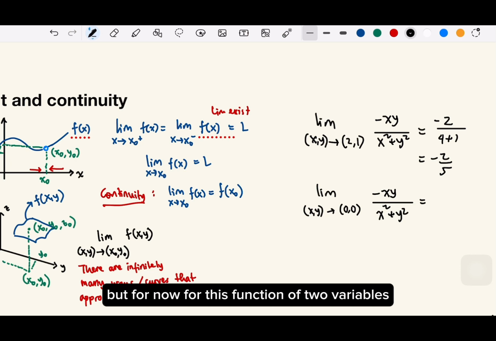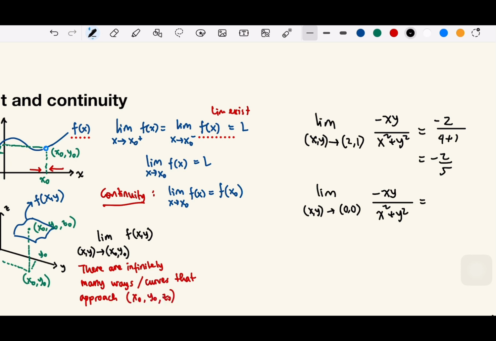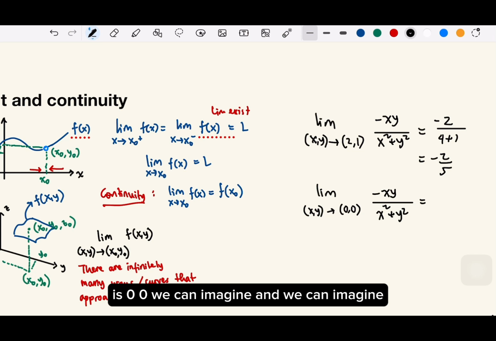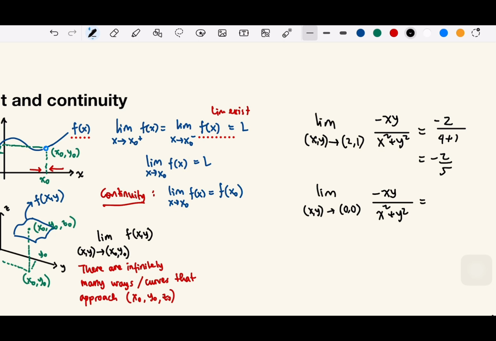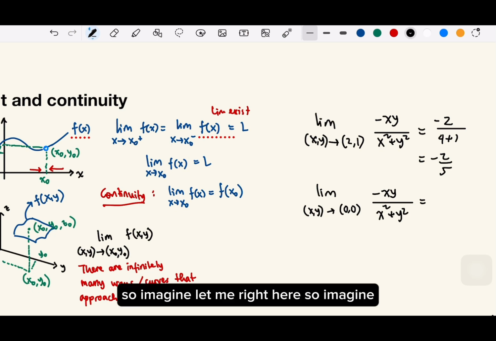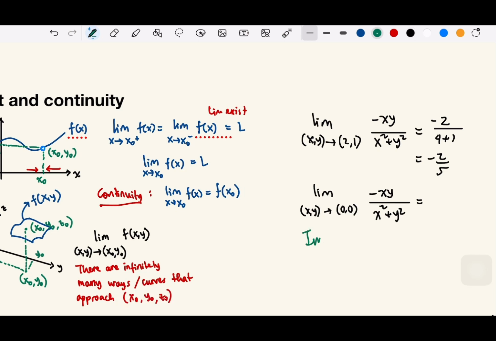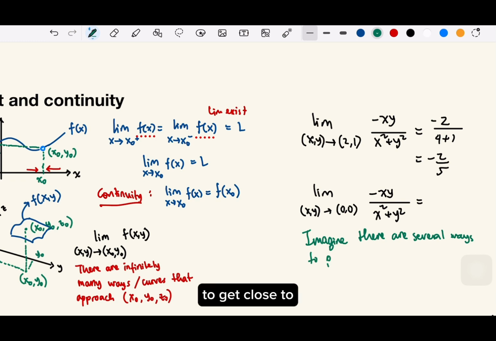But for now, for this function of two variables, at 0, 0, we can imagine, so imagine there are several ways to get close to 0, 0.